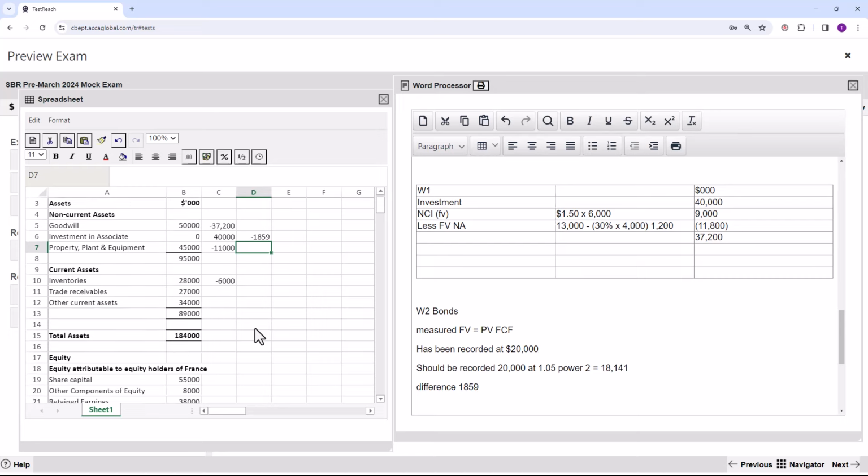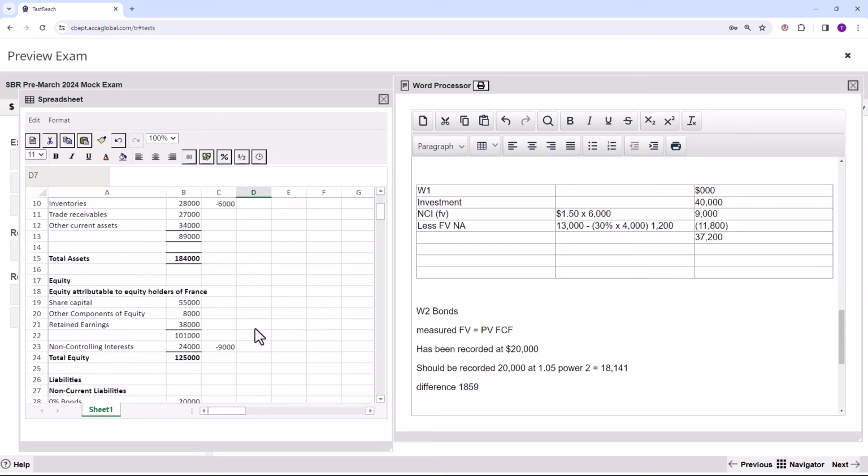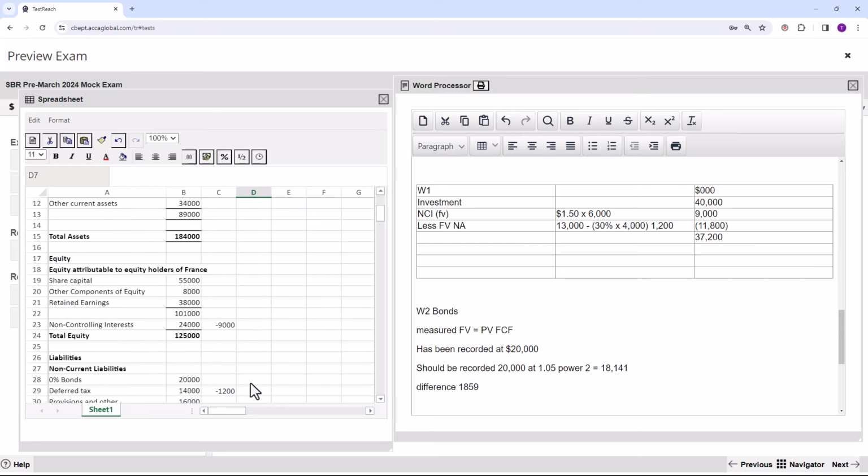The bond itself, again, should have been recorded at 18,141. You don't normally have to do this discounting for initial recognition of liabilities. You do with split equity accounting, and this is another little exception. You've got a zero coupon bond. It's been incorrectly recorded. We're having to do the adjustment.